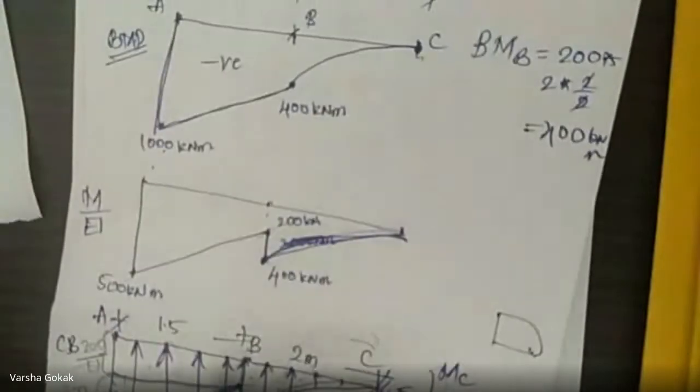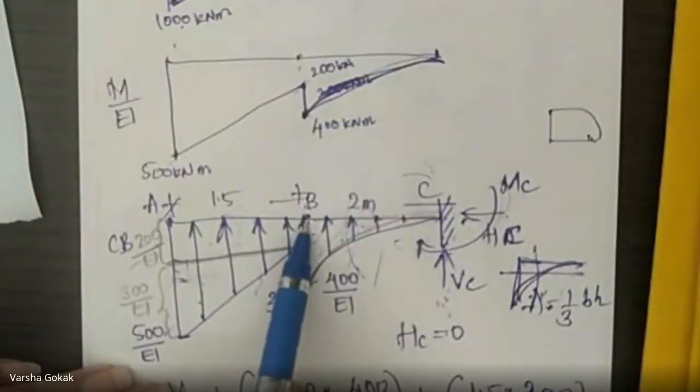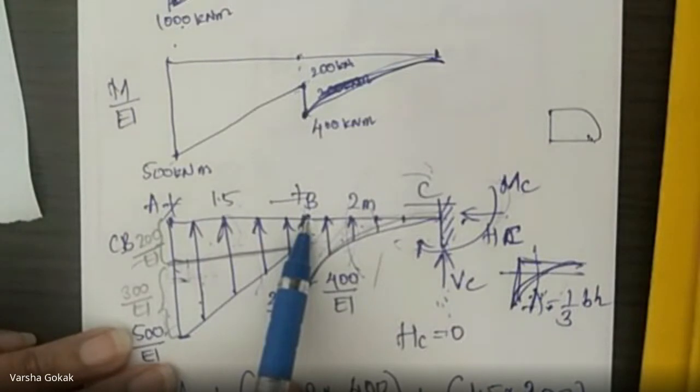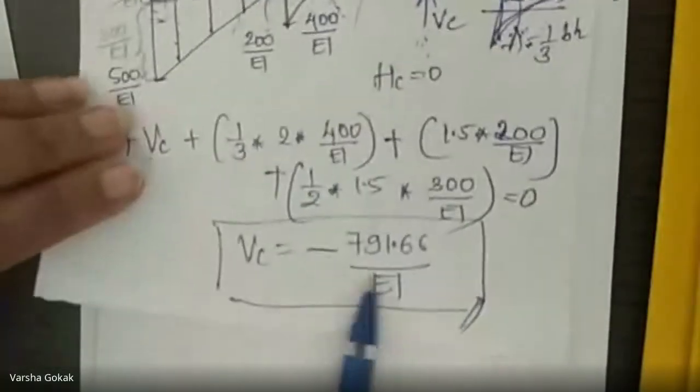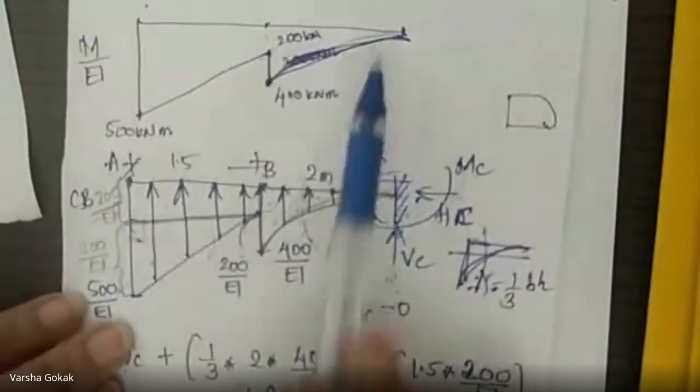What is the shear force at point B? How will you calculate the shear force value at point B? At C we calculated it, no? 791. How did you calculate at point C?